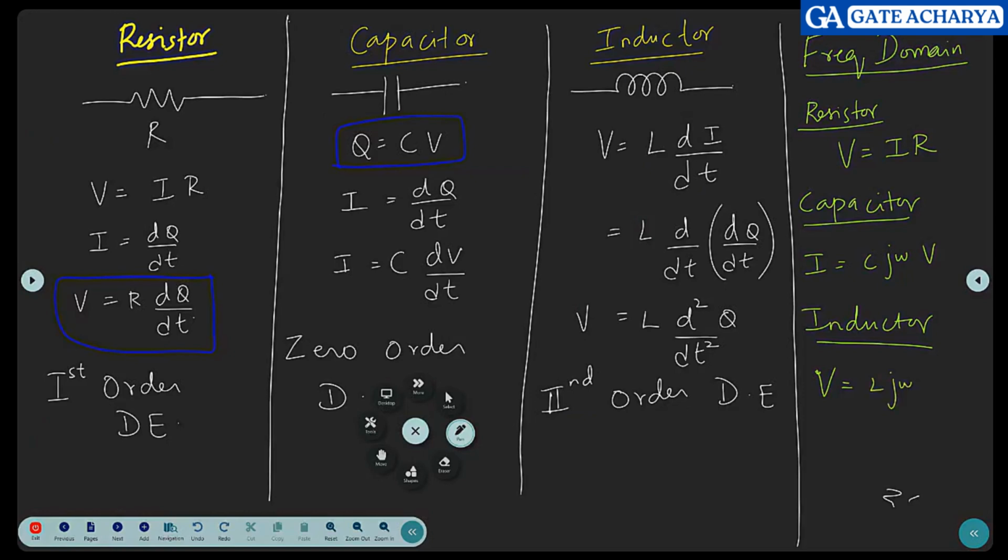V equals L j omega I. So these are all frequency domain equations. We have written the time domain equations, and these are the frequency domain equations.